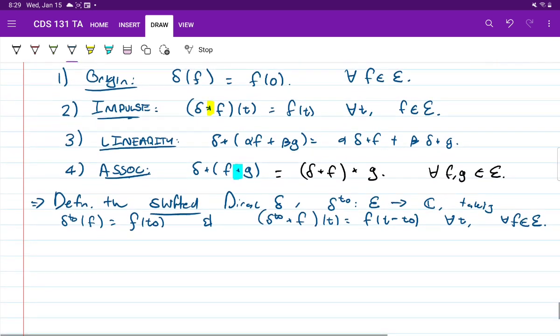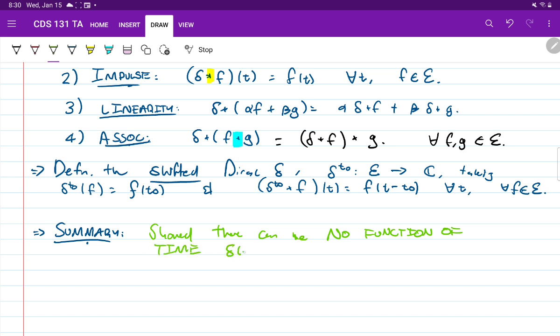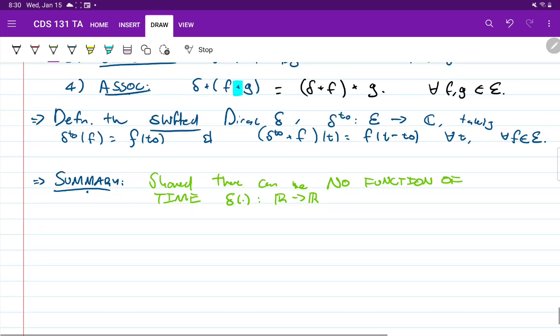Okay, nice. So let's just summarize real quick, because this is kind of a hard concept to grasp, right? So what we proved, or reasoned about earlier, is that there can be no function of time delta from R to R giving us what we want.